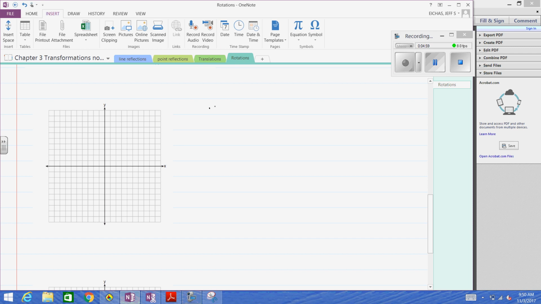Okay, so we'll rotate. Capital R is going to be the symbol. So in symbolic notation, capital R is going to be reserved for rotation. Now, technically, we're supposed to give you, and I don't know if the order matters, I typically go center first, but you'll see it both ways.